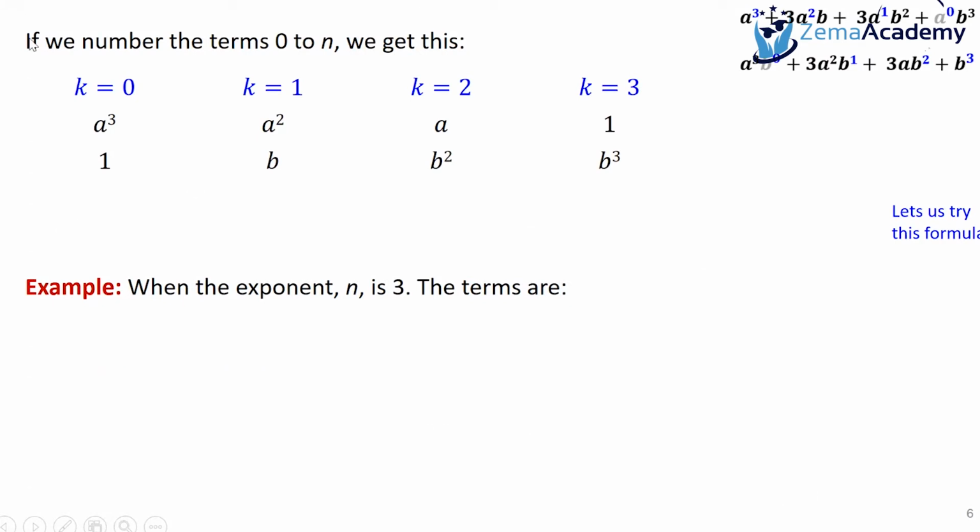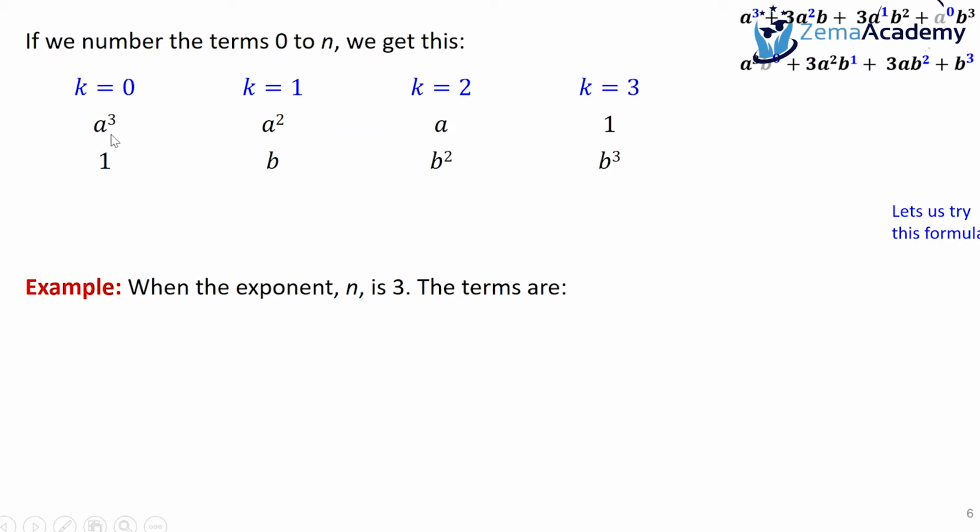So now what I have done is that I have taken k, the exponent, equal to 0, k equals 1, k equals 2, and k equals 3, and it goes on so on to n, whatever value.